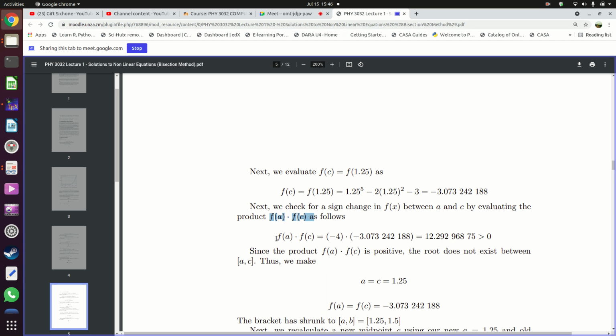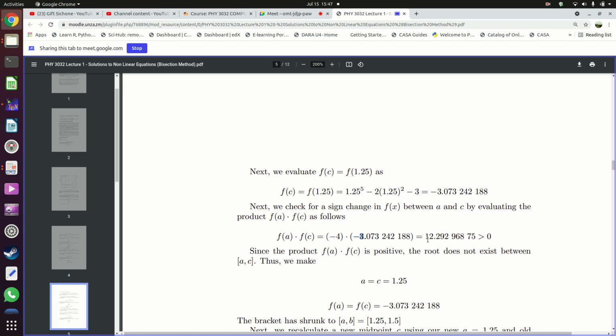Now we know by working out this product, f of A times f of C. In this case, we know that f of A is 1, C is 1.25. So f of 1 is minus 4, and f of 1.25 is what you have just found out here, minus 3.07. This is also a negative value.